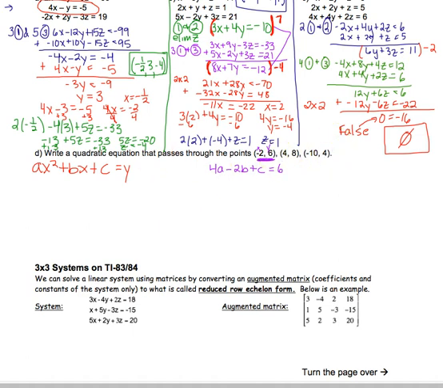So I'm going to use green here on the next one for 4, 8. So my x is 4, my y is 8. So 4 squared is 16, so that gives me 16a. And then 4 times b, so plus 4b plus c equals 8.